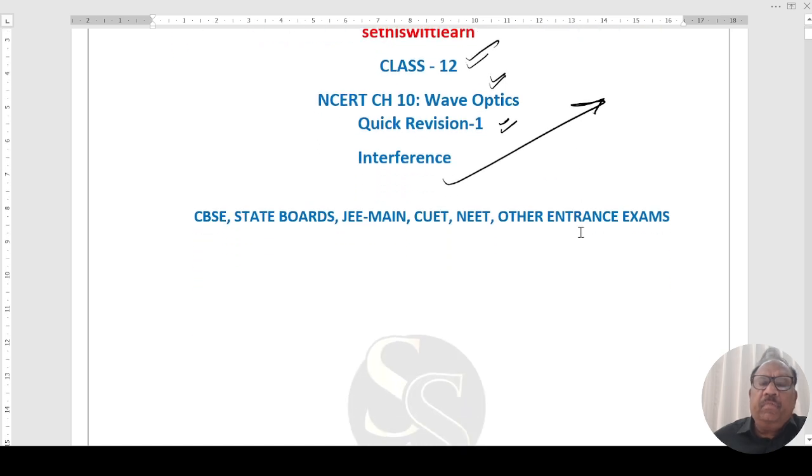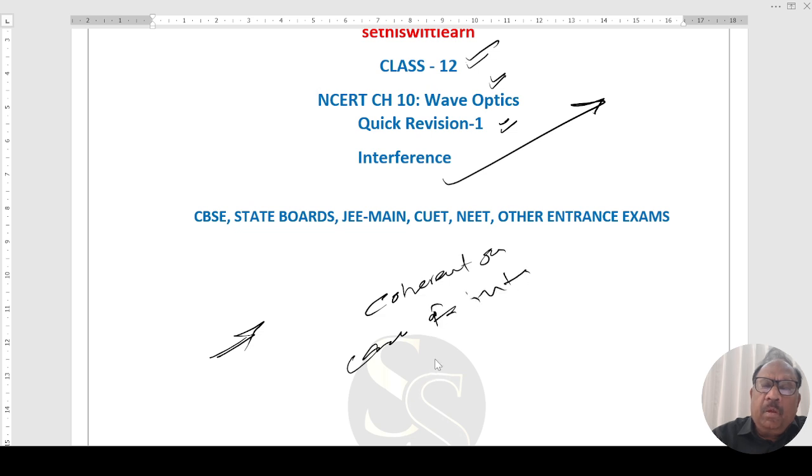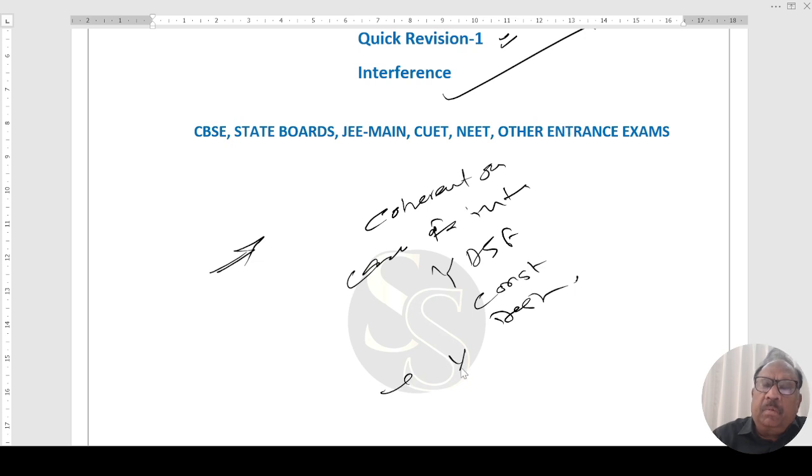In today's session, we will discuss what are coherent sources, conditions for interference, what is Young's double slit experiment, what is the condition of constructive interference, what is the condition of destructive interference, and if Young's double slit experiment is dipped in a medium, what is the effect, and more.